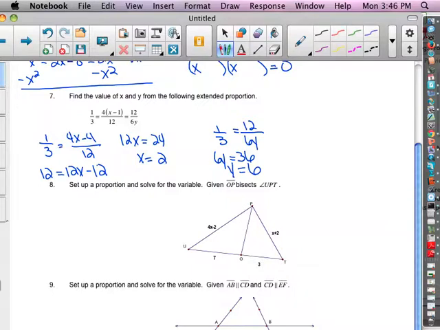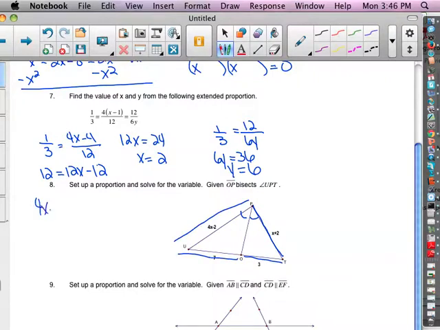Next one, take a look at number 8. It says that OP bisects the angle. If it bisects the angle, then it divides those sides proportionally. So that means that x plus 2 is to 3 as 4x minus 2 is to 7.